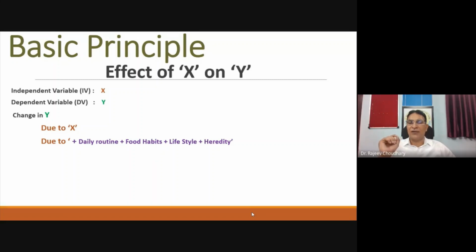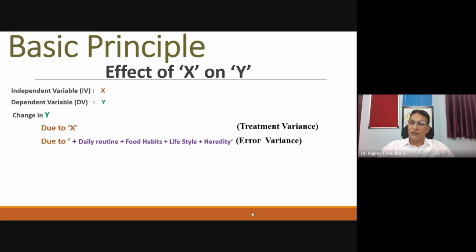One main point we have to keep in mind: change in Y only due to X is known as treatment variance, change due to treatment. And change in Y other than that is not the investigator's interest. Change in Y other than X is known as error variance.